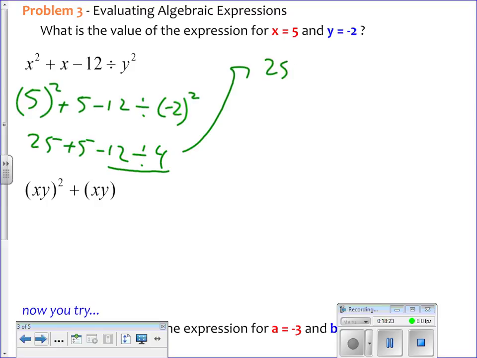So I have 25 plus 5 minus 12 divided by 4 is 3. And I work addition, subtraction, left to right. 25 plus 5 is 30. 30 minus 3 is 27.